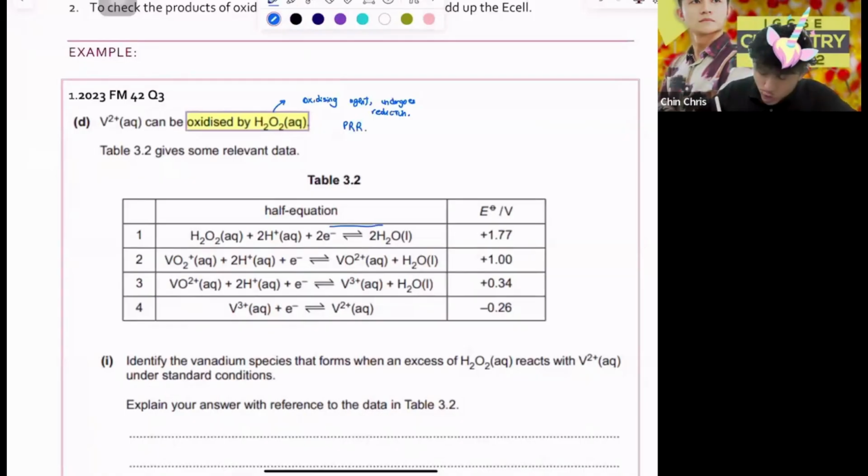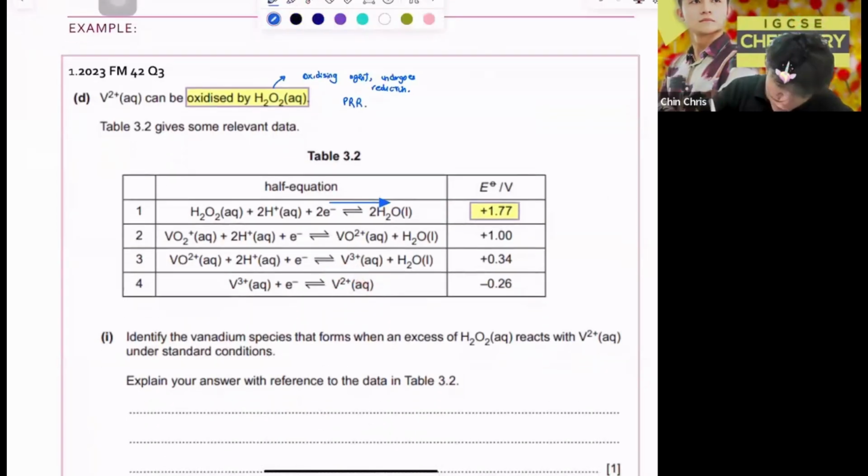So H2O2 is going to the right. Can you see that? And you look at the value, you see that the value here is also very high. And V2+ will undergo oxidation to turn into V3+.